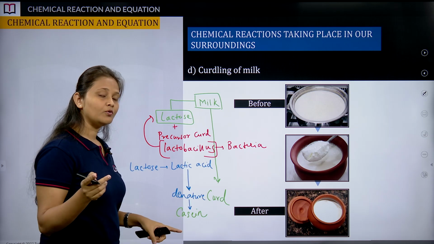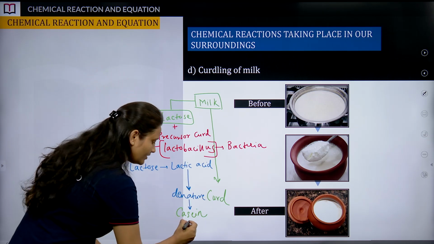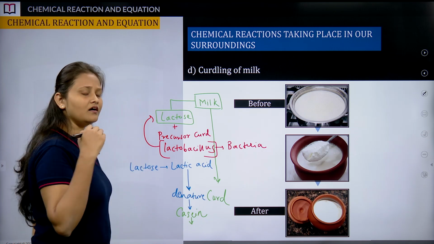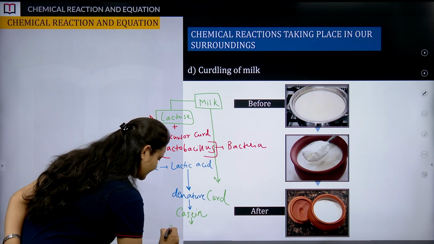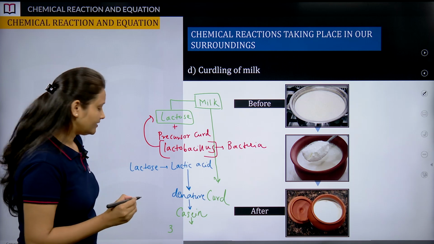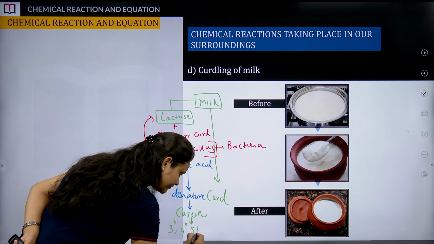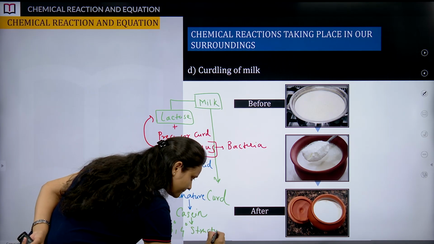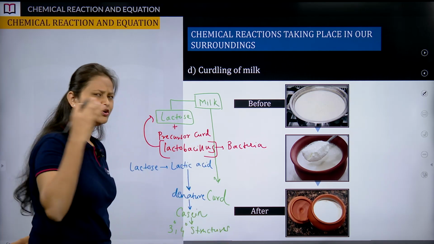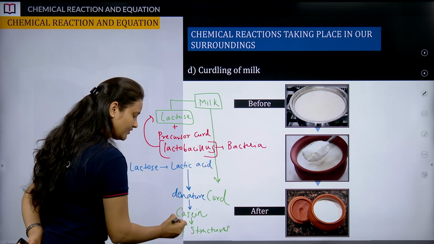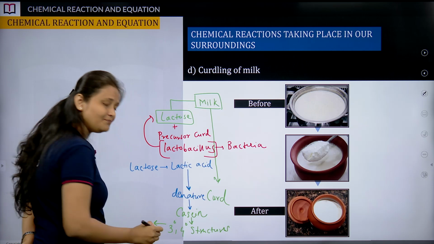Okay, so which protein is that? Casein. So what is that arrangement? Casein has, if I want to write it here, tertiary and quaternary structures. Or you can understand it has a very complicated structure, but with the help of lactic acid, casein structures are going to get simplified.